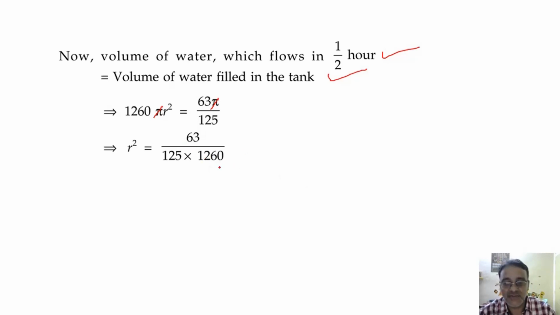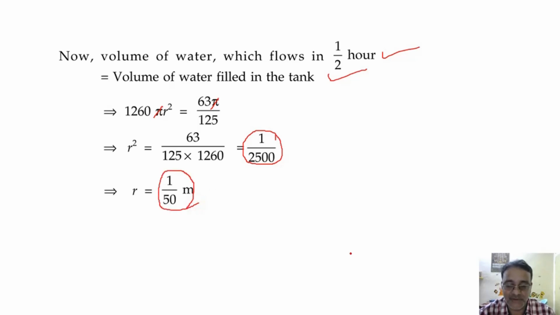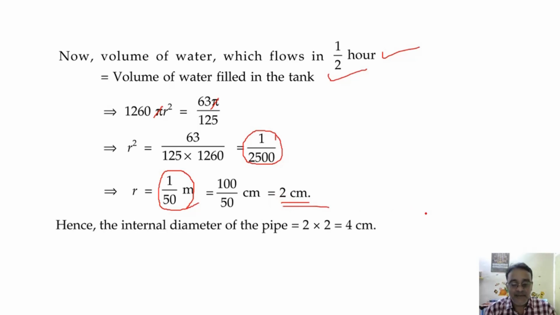If you cancel, we'll get 1 upon 2500. The square root of this is 1 upon 50 meter. So convert to centimeter, what do you have to do? Multiply by 100, so 100 by 50, we'll get 2 centimeter. So finally the diameter will be 2 into 2, that is 4 centimeter.